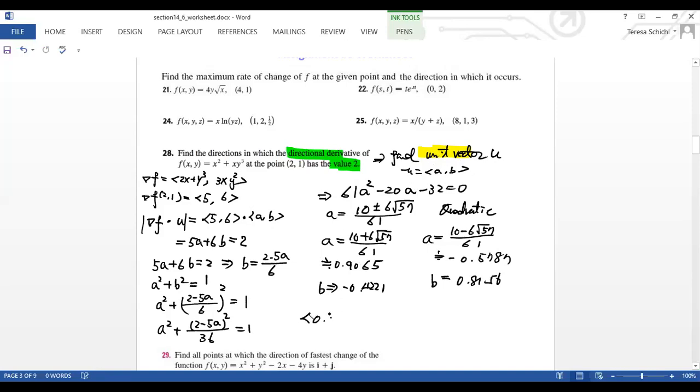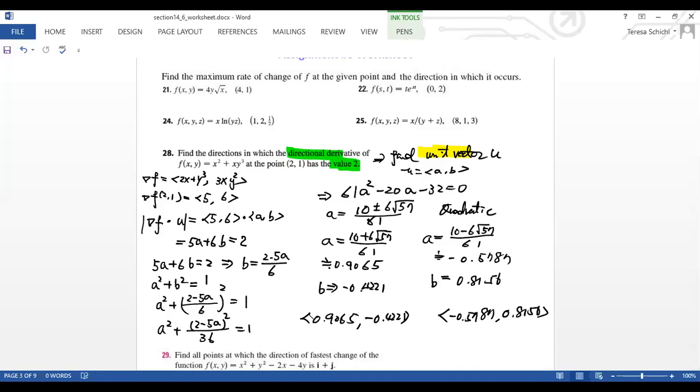One is (0.9065, negative 0.4221), or you can have this one: (negative 0.5787, 0.8156). It's just very tedious algebra. I just like to show you another different type of problem here.